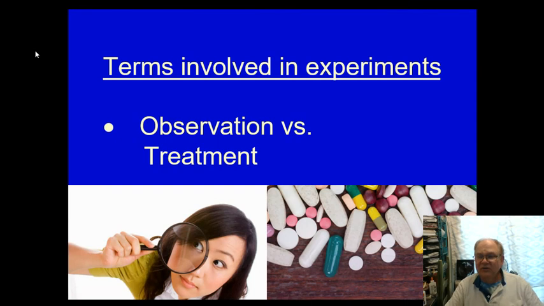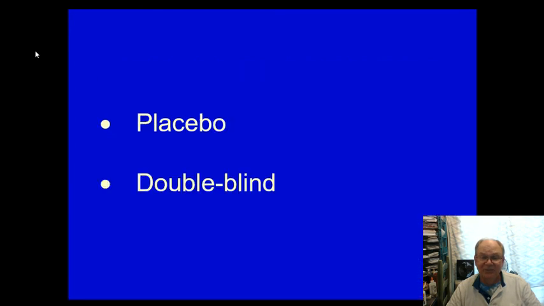And according to what she found at the end of the term, yeah, the boys misbehaved a lot more than the girls did. But that is observation. She didn't do anything to change their behavior. She just watched and recorded what she felt was misbehavior. Observation, you look. Treatment, you do something to make it happen.